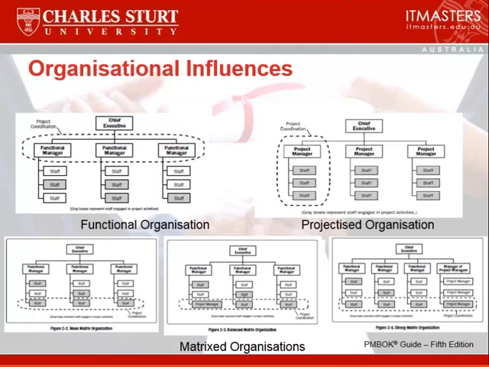Looking at the matrix organization, it is broken up into three different components: a weak matrix, a balanced matrix, and a strong matrix. Weak, balanced, and strong have to do with where the project manager fits in. In a weak matrix, there really isn't a project manager involved. It's usually somebody with some basic information in projects, who might be a coordinator or an expediter.